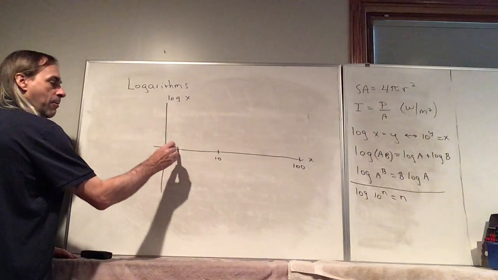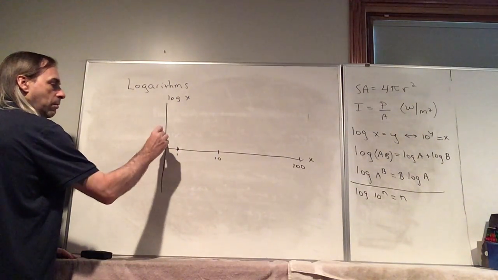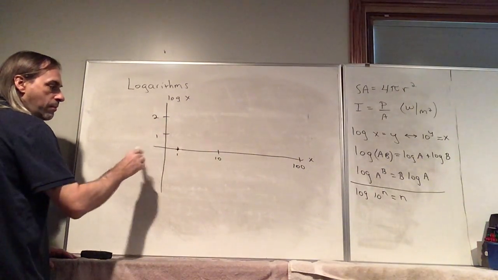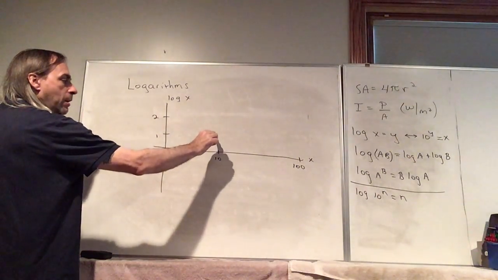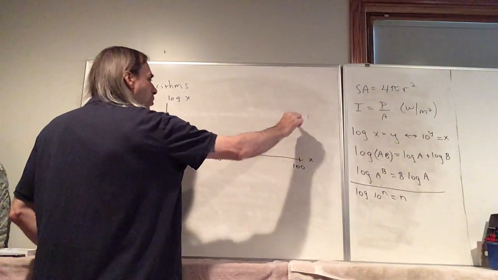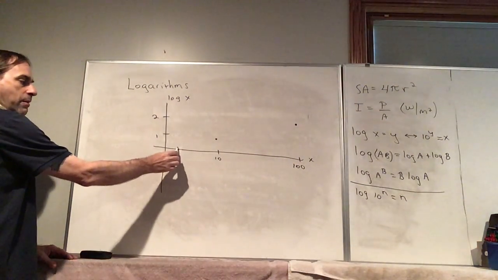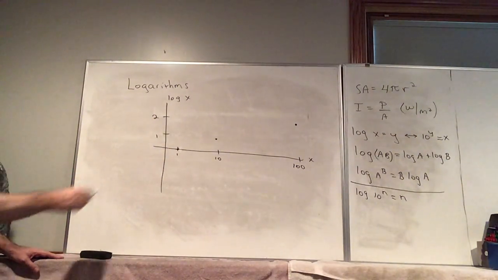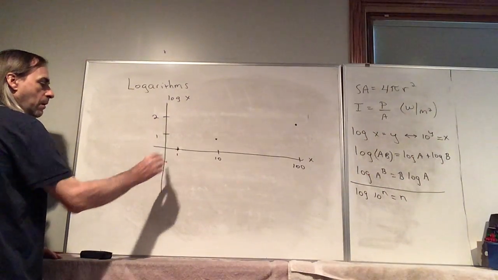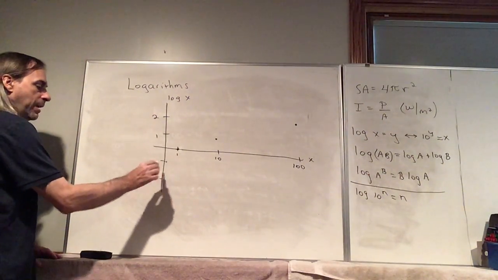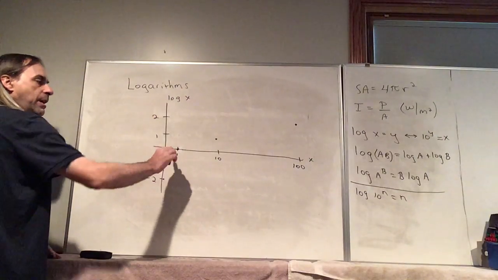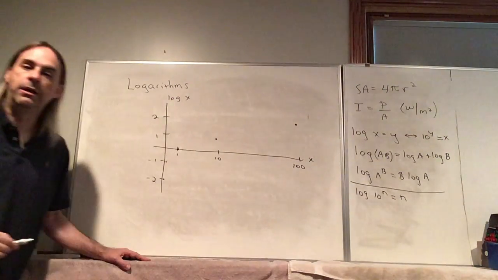But remember, logarithm of 1 is 0. Let's say this is 1, this is 2. Logarithm of 10 is 1. Logarithm of 100 is 2. And if you go to logarithm of, say, 0.1, remember that was negative 1. And 0.01 would be negative 2. It's very hard to graph accurately how steep the curve is here and how flat it is over here.